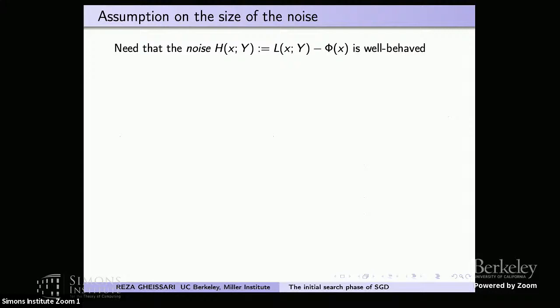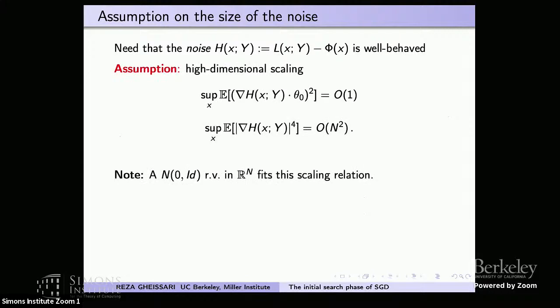Okay, so our assumptions on the size of the noise are that this normalized thing, so by noise, I mean the loss minus its expectation, is well behaved in that it has a high dimensional scaling. So its projection in the direction of this hidden parameter theta naught is much smaller than its norm.